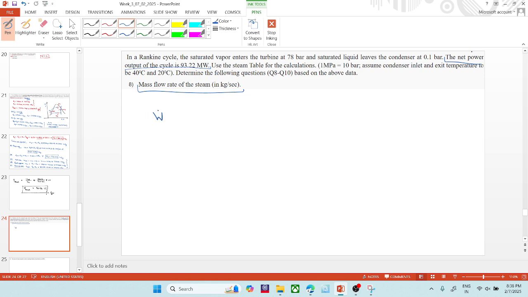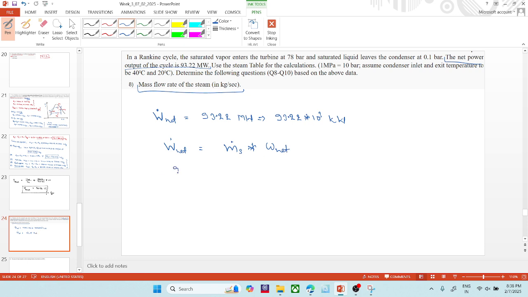So W net equals 93.22 megawatt, or 93.22 into 10 to the power 3 kilowatt, and it equals the mass flow rate of the steam into the specific net work done.